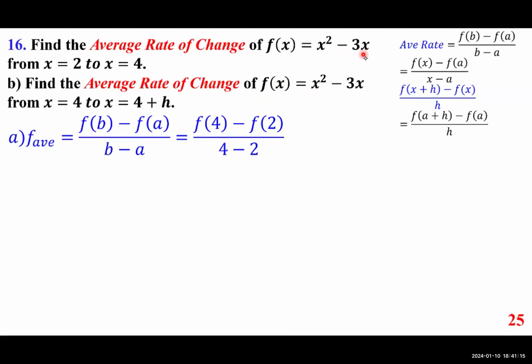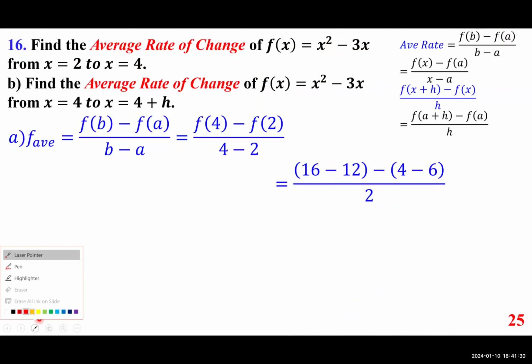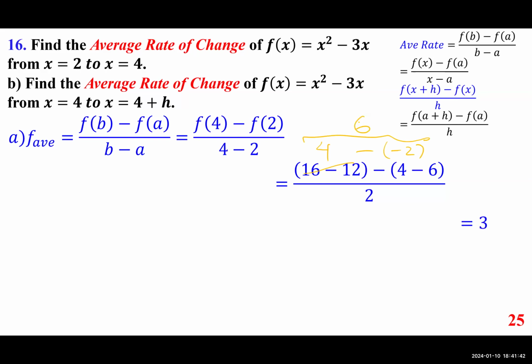Plug in 2, we get 2 squared minus 3 times 2. So what this is, 4 minus negative 2, the top is 6, over 2 is 3.